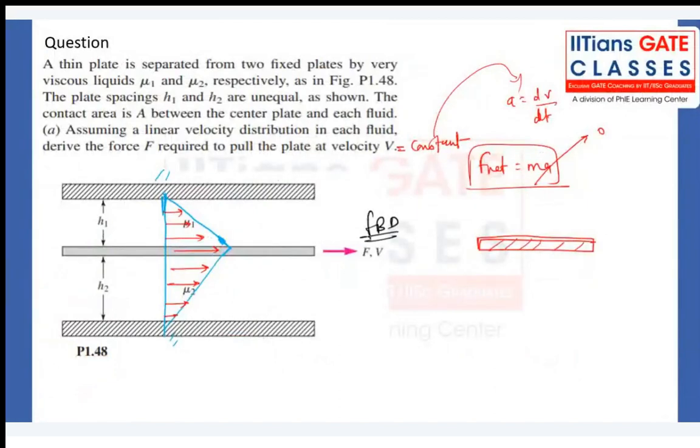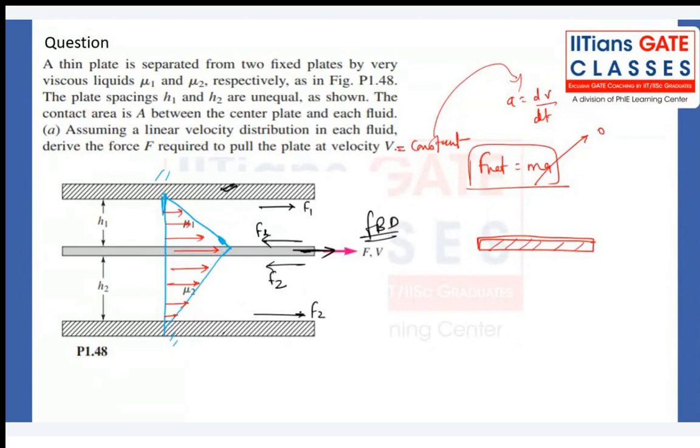When this plate is moves in the forward x direction, the fluid will offer some resistive force in the negative x direction. Let's suppose we call this f1. The bottom plate will offer some force in this direction, that is f2.